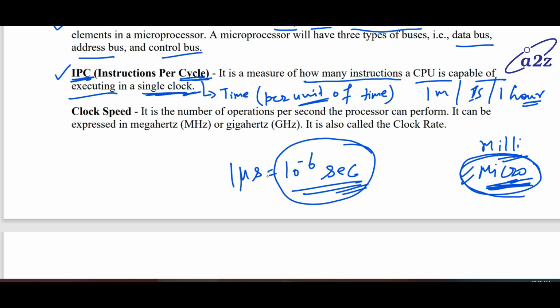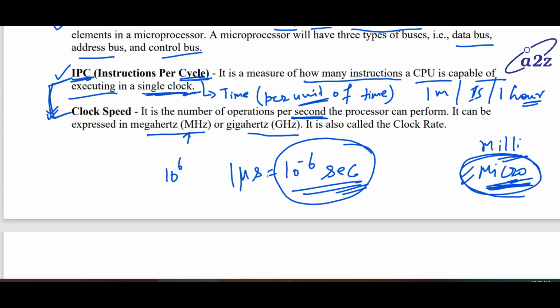Next is clock speed. These two terms are interrelated. Clock speed is the number of operations per second the processor can perform. It can be expressed in megahertz or gigahertz. Mega means 10 raised to the power 6.